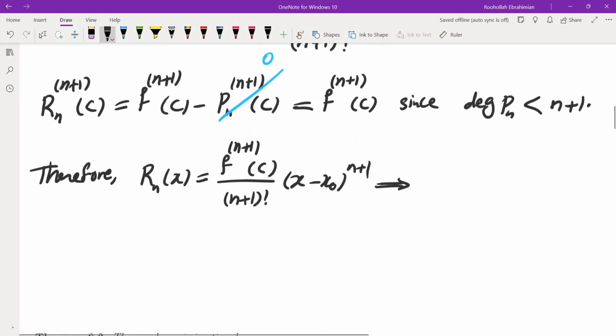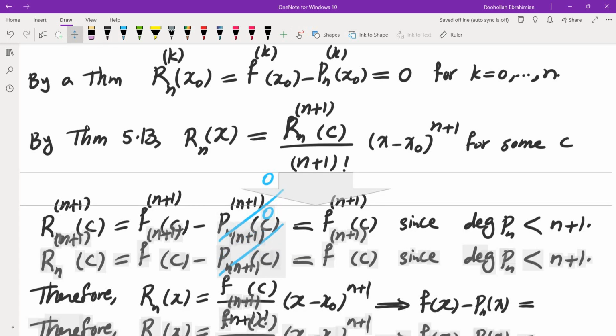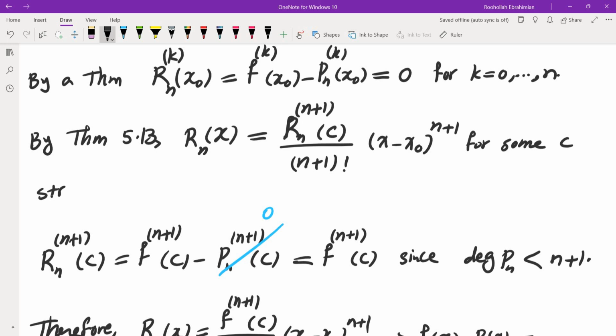Now, we are going to substitute Rn by f of x minus Pn of x. And by the way, this is for some c, by the theorem. This c was strictly between x naught and x.